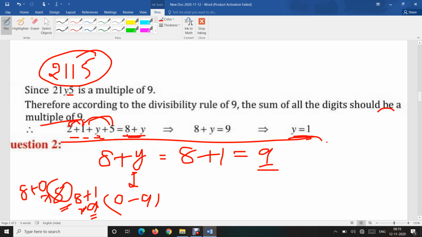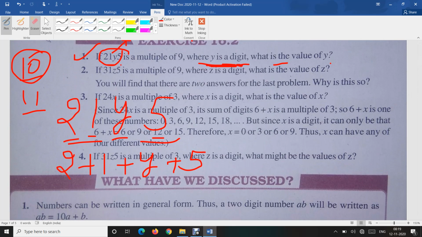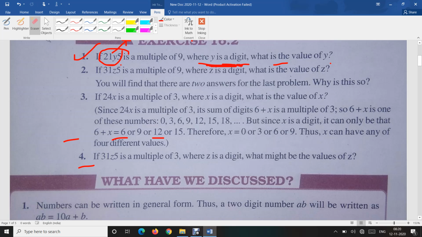Now let us move towards the next question, which is question number 2. Question number 2 is saying, if 31z5 is a multiple of 9, again it is saying that it is a multiple of 9. That means the sum of all the digits of the number should be divisible by 9. Where z is a digit, what is the value of z? We have to find the value of z.